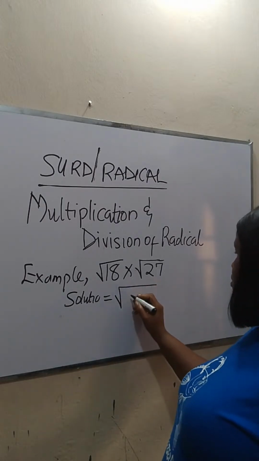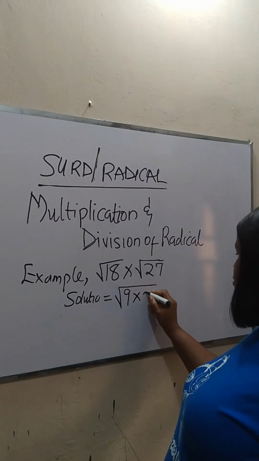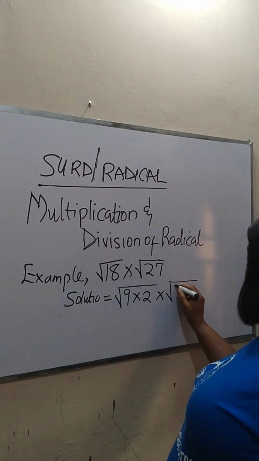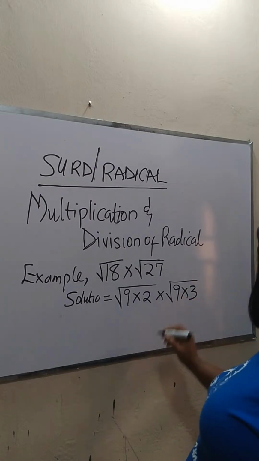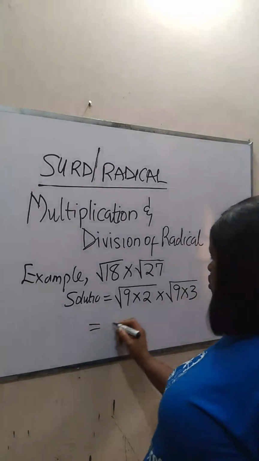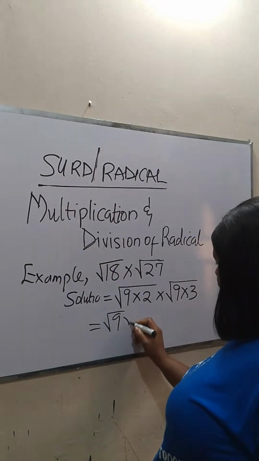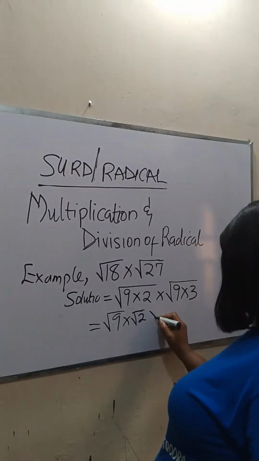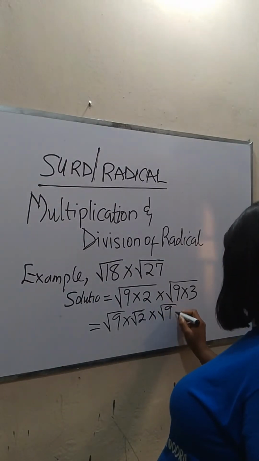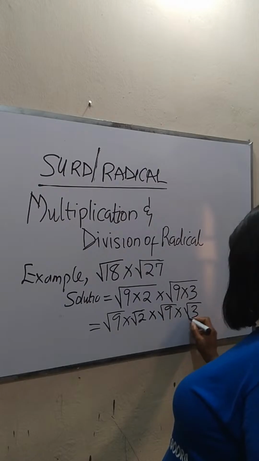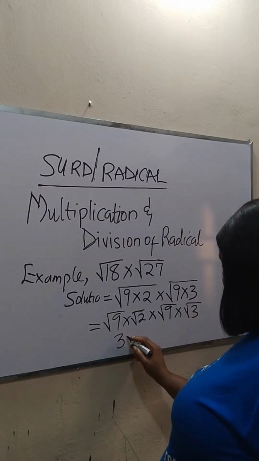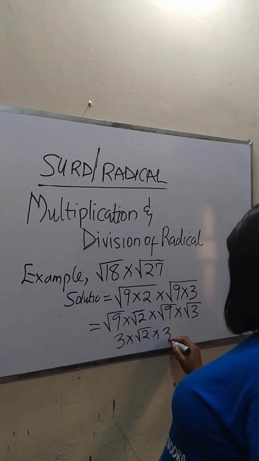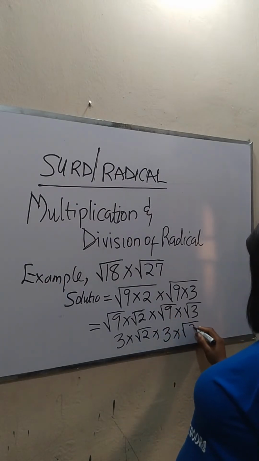So we have root 9 times 2 times root. Divide here by 9, we have 9 times 3. So if we separate them, we have root 9 times root 2, times root 9 times root 3. So this is 3 times root 2 times 3 times root 3.